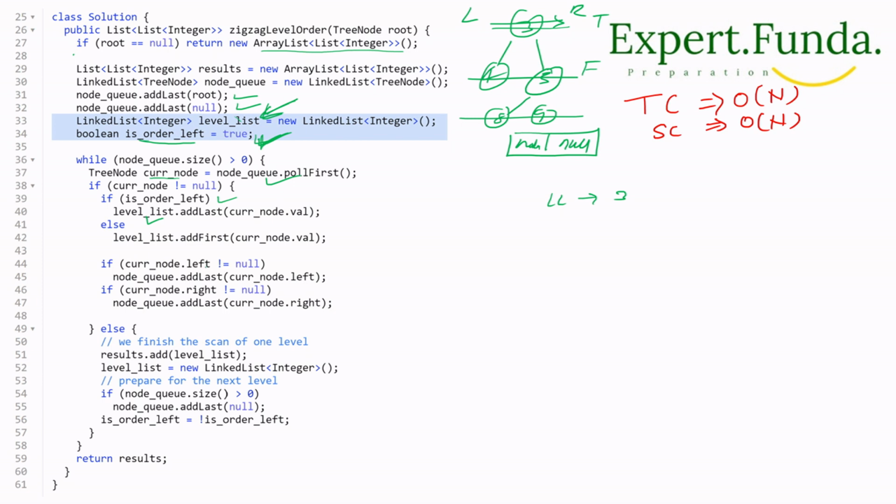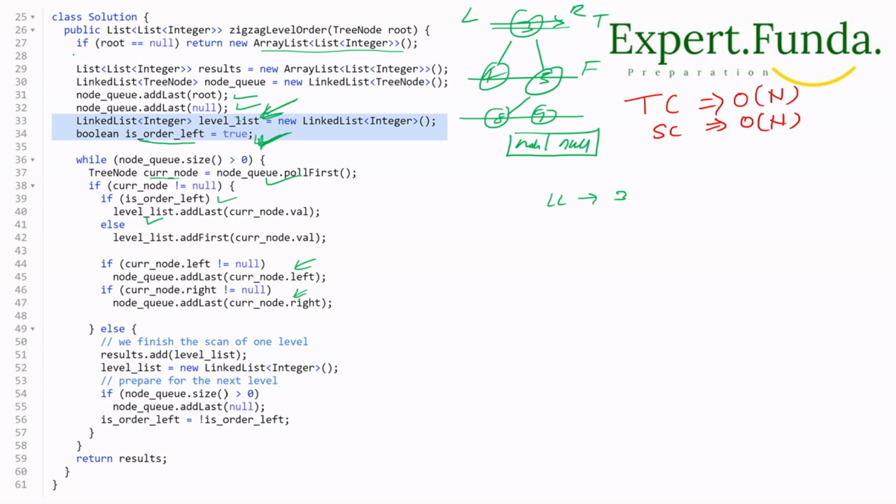If current node dot left is not empty, then we will move to this level, right. Now what will happen, we will first add this node here, and if right is not empty, then we will add our right also. So two things we will add here, right, and then these things will continue.